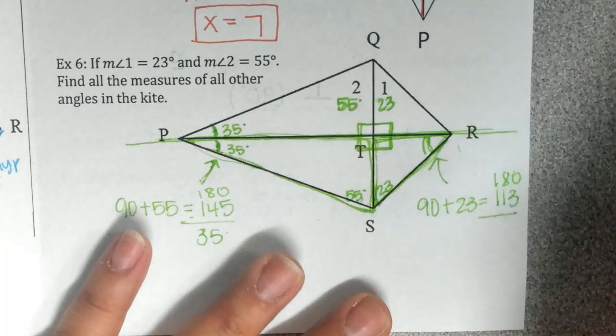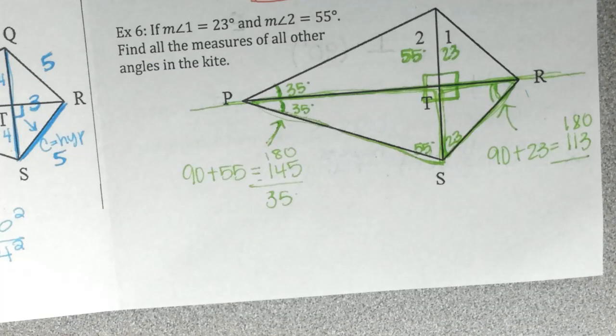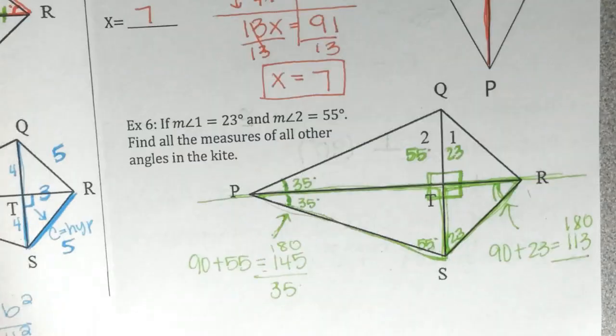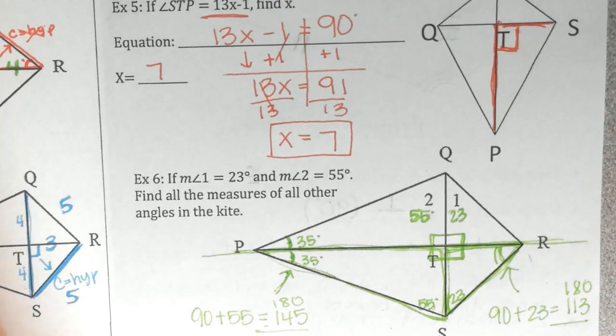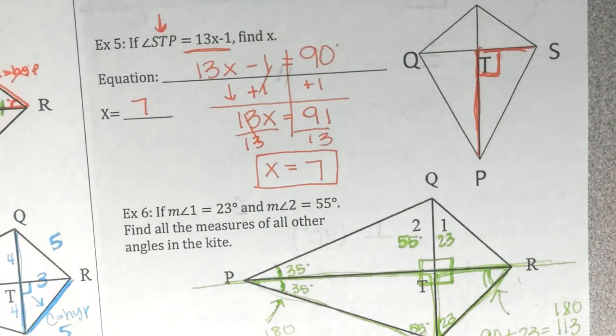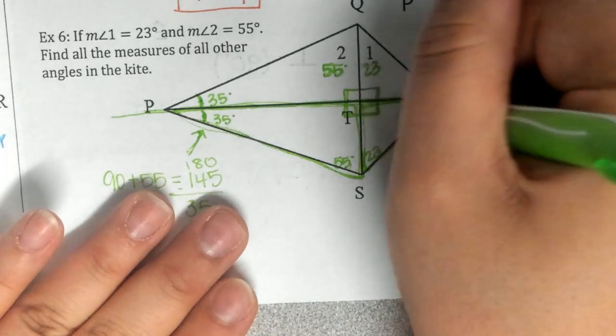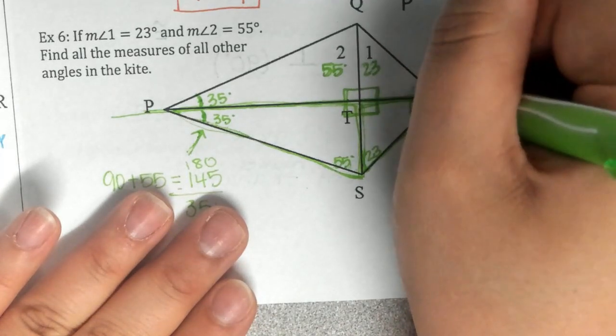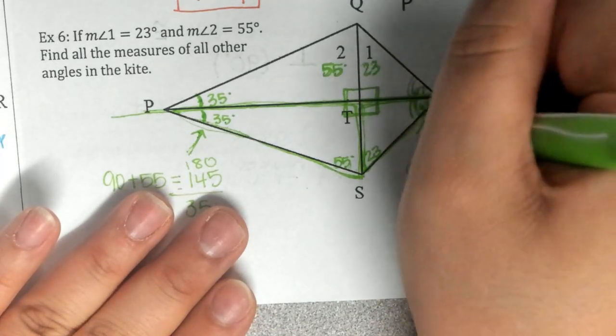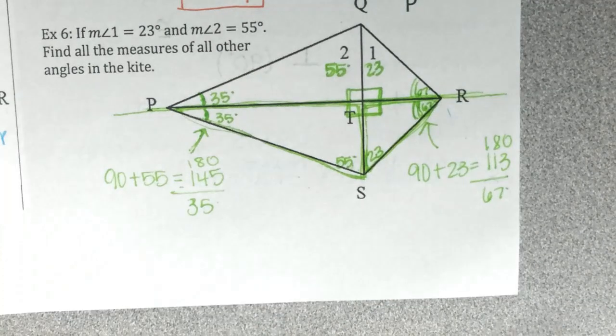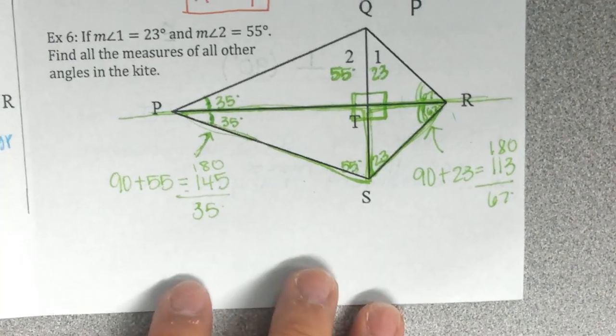And then subtract from 180. Is 67. And there we go. We have everything.